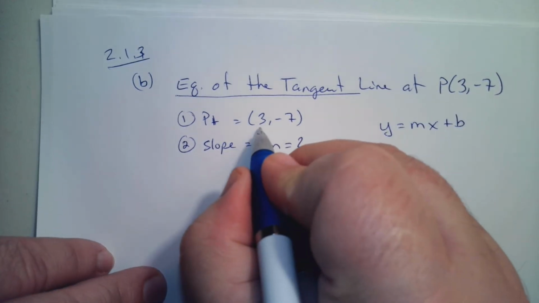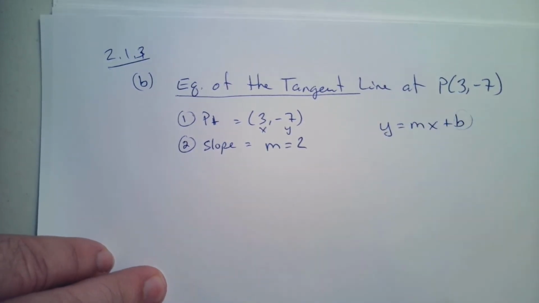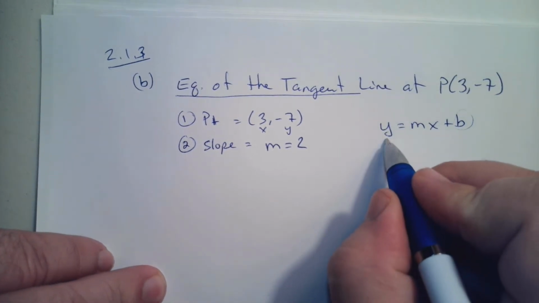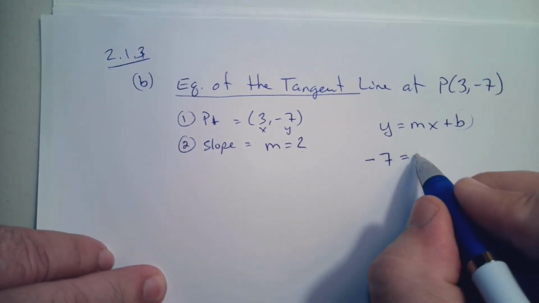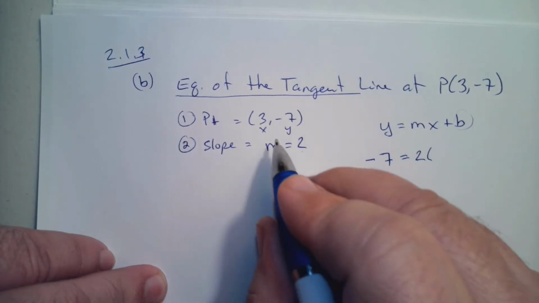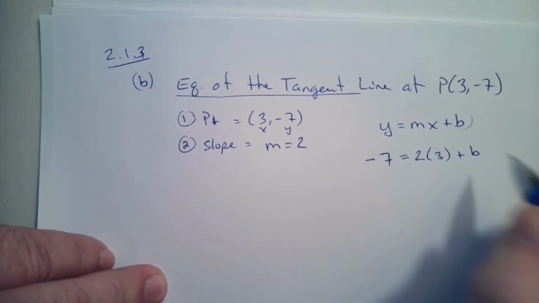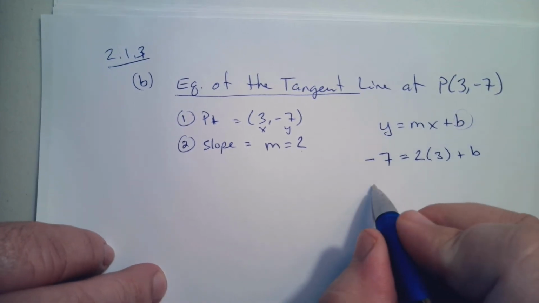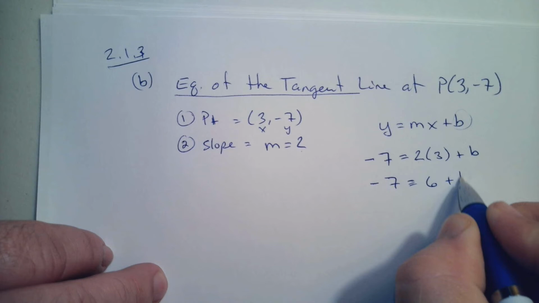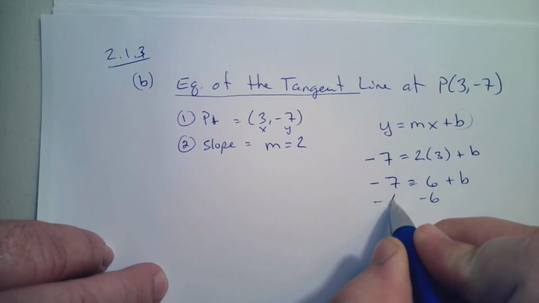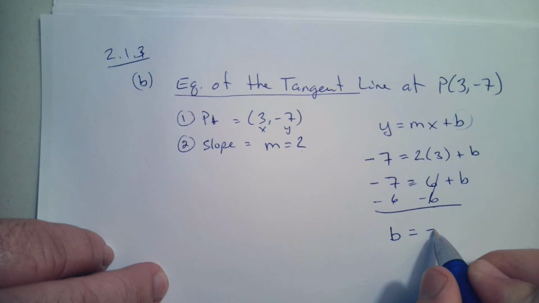Put it in the equation. This is our x value, that's our y, and that's m. We don't know our y-intercept yet. So y is negative 7, m is 2, x is 3. Two times 3 is 6. Subtract both sides by 6. B is negative 13.